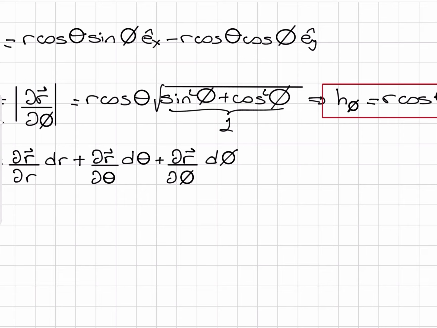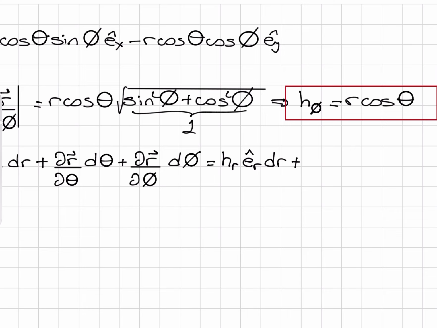Now the partial of the position vector with respect to r is basically the magnitude h sub r multiplied by the unit vector er hat, dr. And then we have the partial with respect to theta, which is the scale factor h theta e theta hat, d theta.